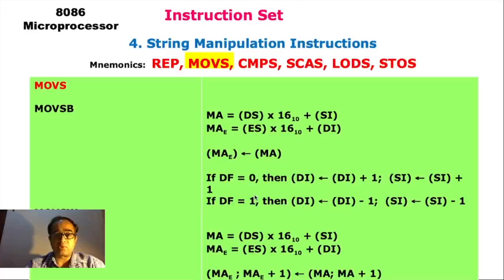The calculation goes like this: the data segment is multiplied by 16 and added with an offset. That creates a memory address. And if we are using the 16-bit extra segment register, you use ES multiplied by 16 and add DI to it. So this gives you the memory address. This is for byte and this is for word.